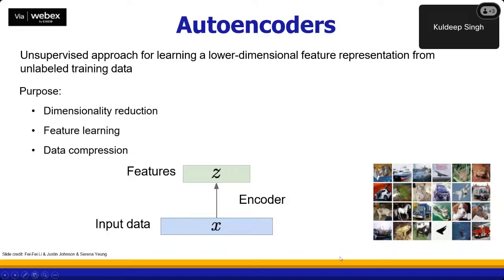You can see here we have input data X. So we have high dimensional input data X, and the encoder structure will generate a lower dimensional feature representation Z from this unlabeled training data X. So basically, this helps us in dimensionality reduction, in learning features, and in data compression. Fine.